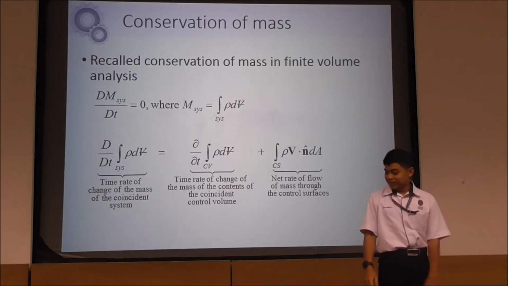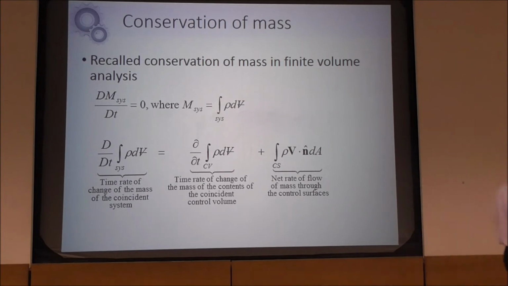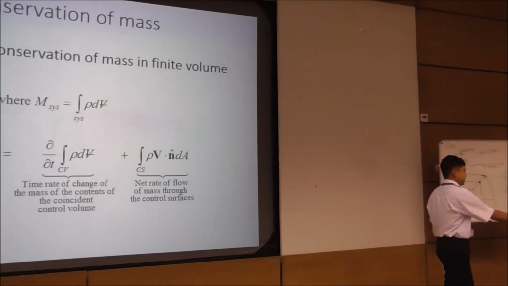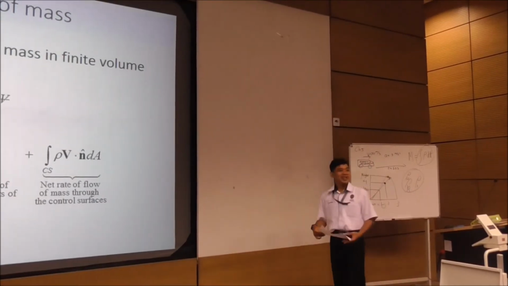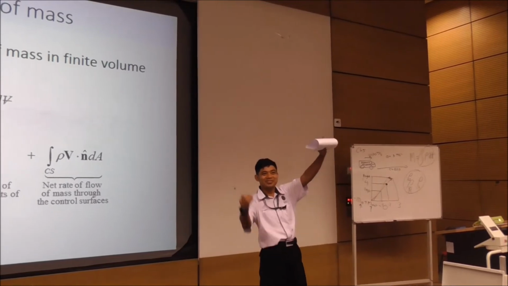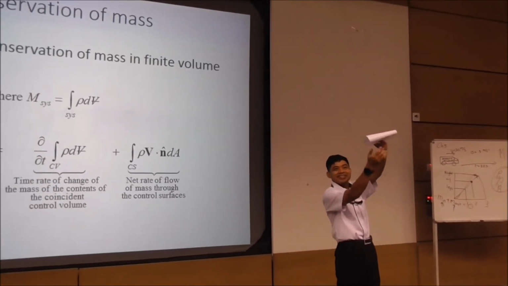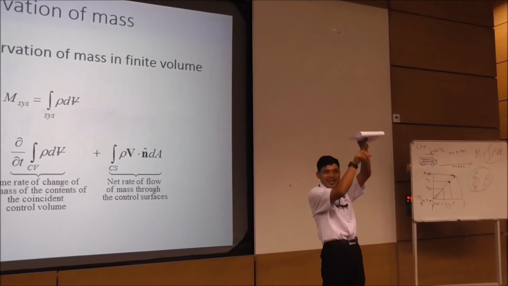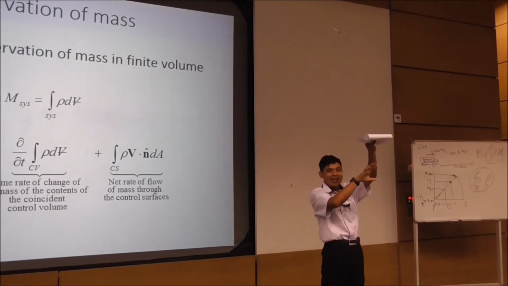When we are dealing with the control mass, the mass is constant, right? This is constant. Now the problem is, you are not dealing with the control mass, you are dealing with control volume. Something is coming in, something coming out. Sometimes you have a storage, right? Storage within it. Let's say you have a tank.